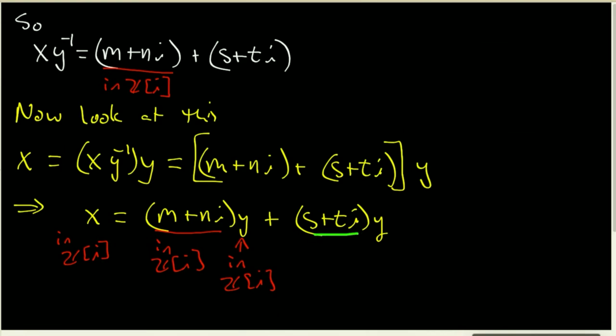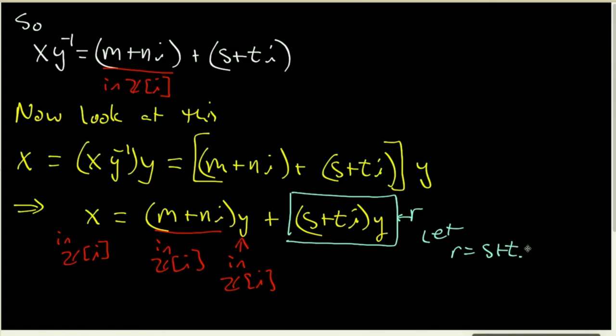And I'm actually going to label this whole thing as r. So I'm going to let r be equal to (s plus ti) times y. If r is inside the Gaussian integers and has nu less than nu of y, then I'm done. But I have to actually worry about that.